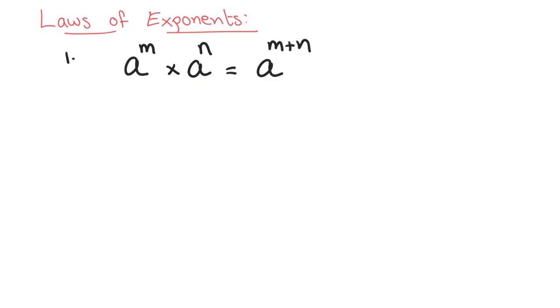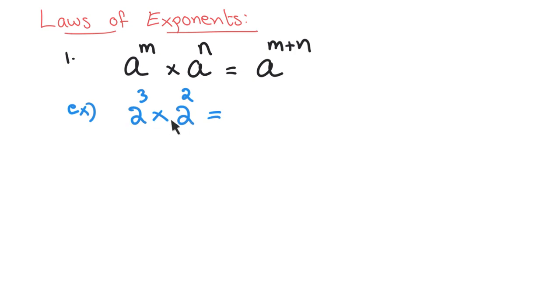Okay, then let's look at a few examples now. 2 to the power 3 times 2 to the power 2. The best way to become a self-learner is to ask questions to yourself and then explore the answers. Are the bases same? Yes. Are they multiplied? Yes.